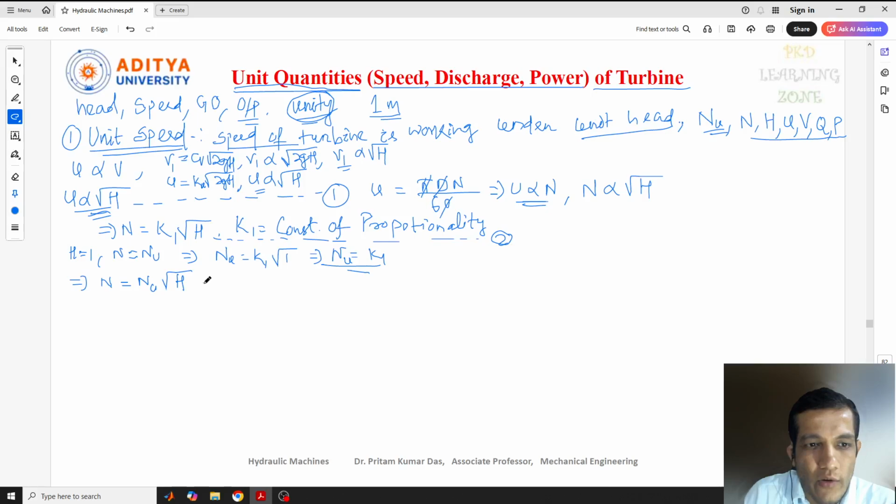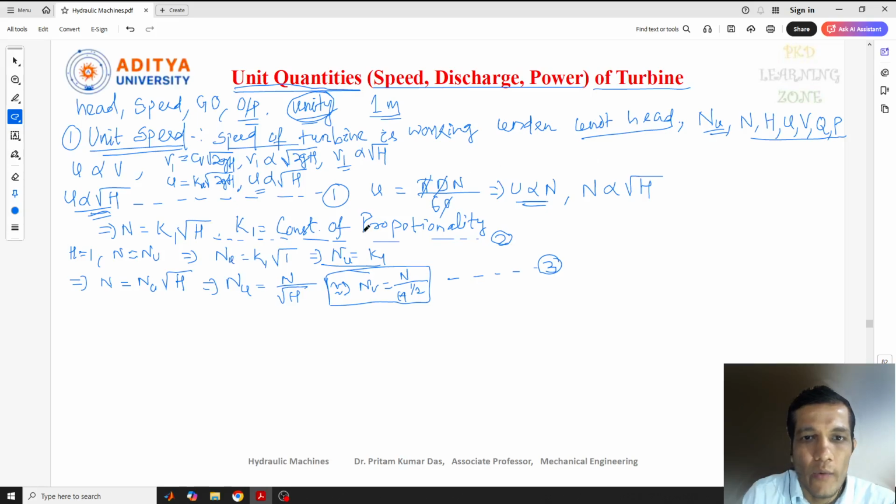We need to find our unit speed, so we can write the unit speed nu equal to n divided by root over of h, or else nu equal to n by h to the power 1 by 2. This is another equation, we can mark it here. This is our unit speed.